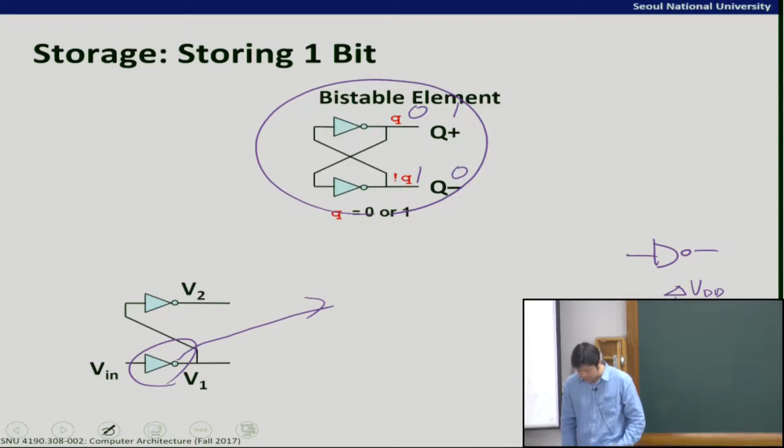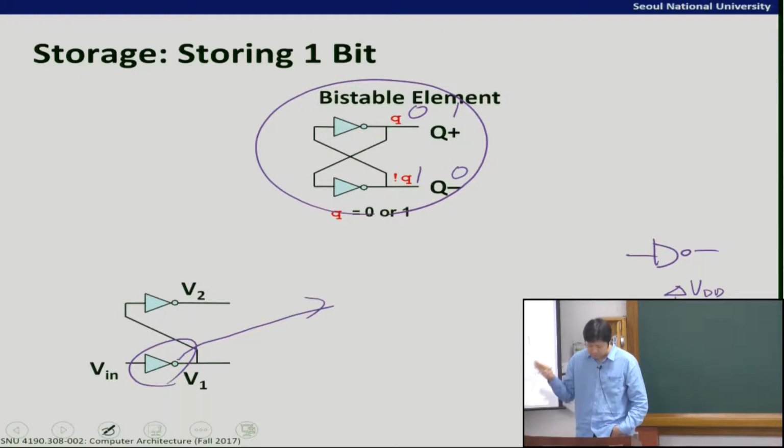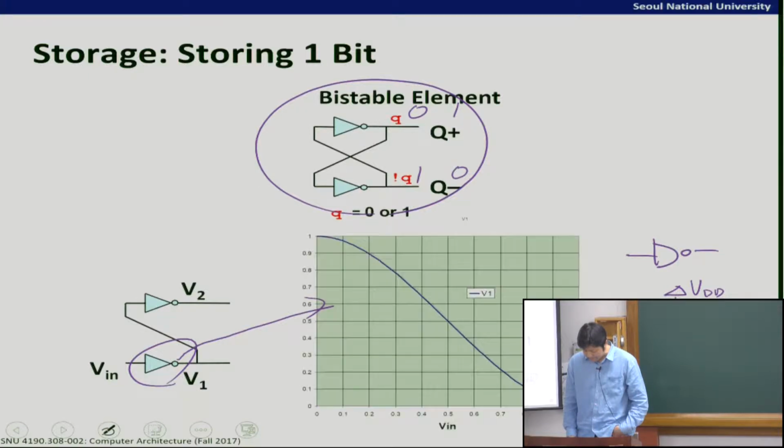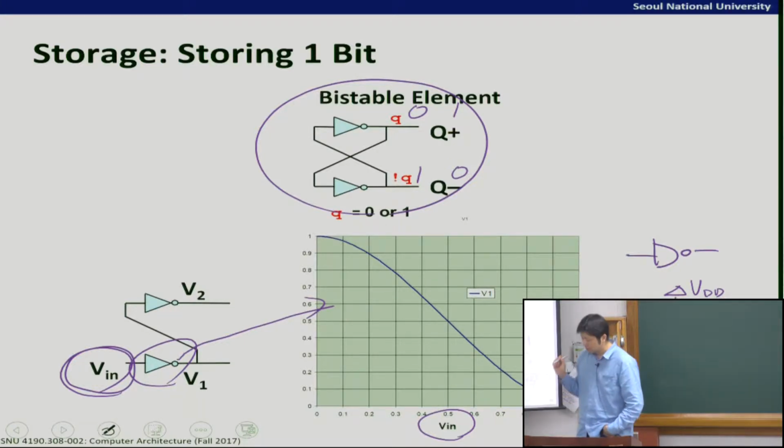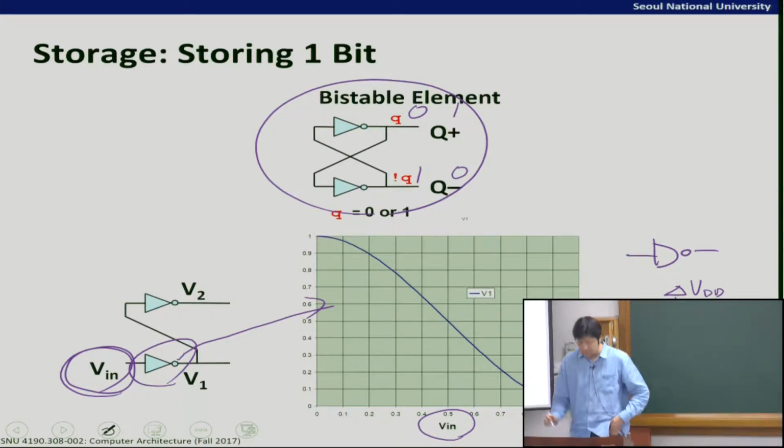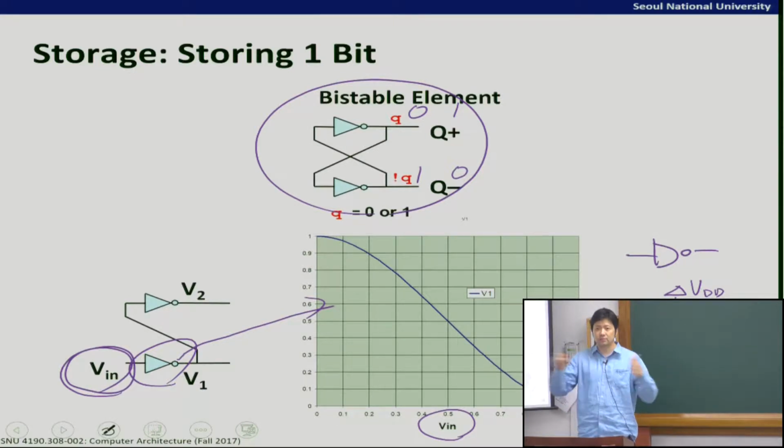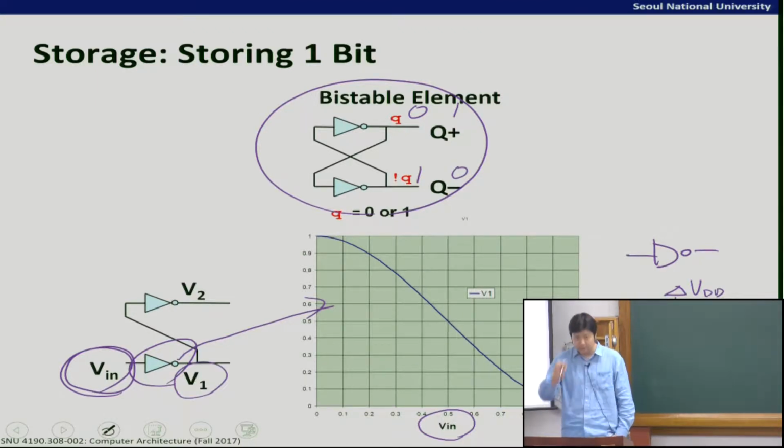So if you actually look at the input voltage to output voltage curve, it generally looks like this. The x-axis is Vin, the input voltage to the inverter. If you sweep the voltage from 0 to 1 volt, then your output voltage, V1, will continuously go down, right?